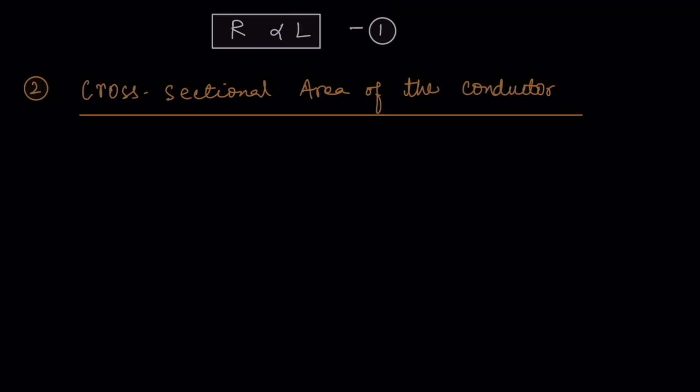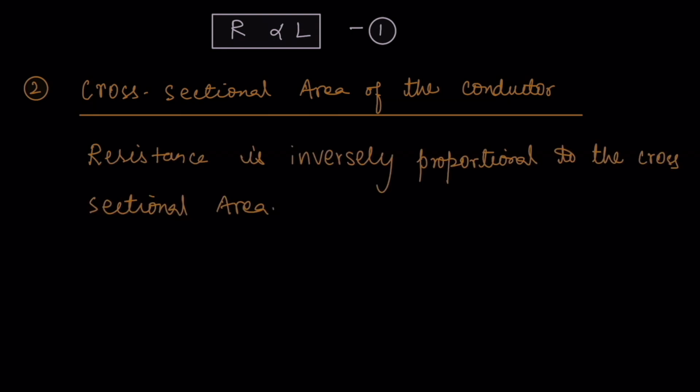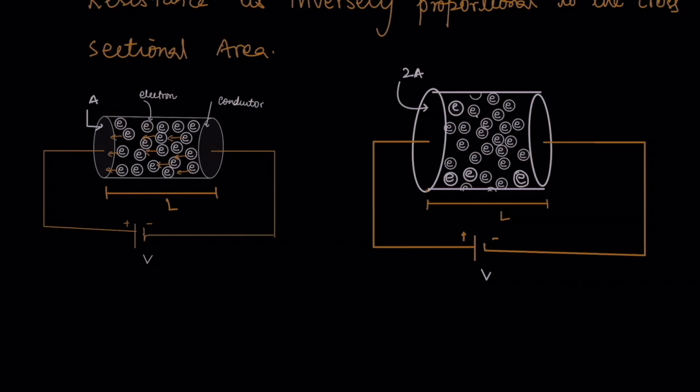The second one is the cross-sectional area of the wire. Here, resistance is inversely proportional to the cross-sectional area. Let's understand this using a figure. Here we are using a wire of the same length, but the area of the wire is now 2A. Initially it was A, now it becomes 2A.